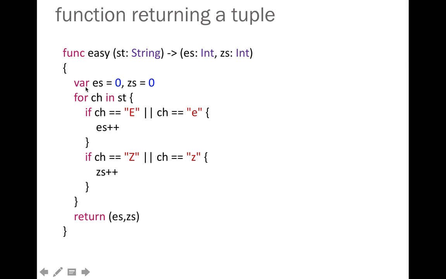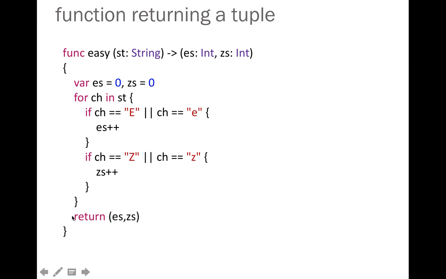So let's see here. We define the variable es equal to 0. gs is also equal to 0. Then for each character in st, if it satisfies this condition, then es plus plus. If ch equal to z, then do something. Then finally, what do we return?